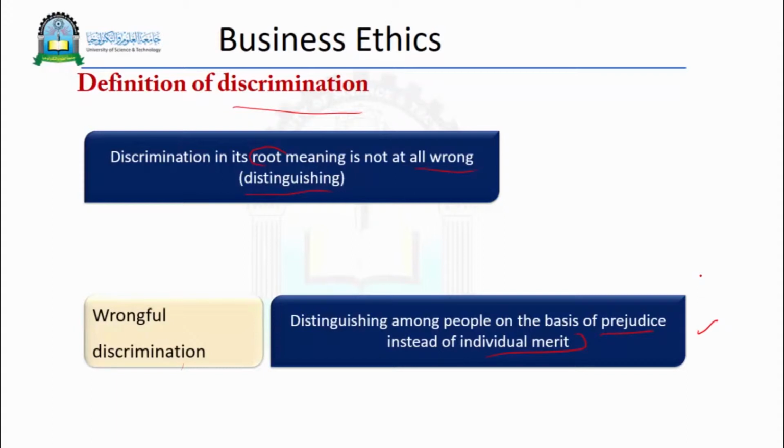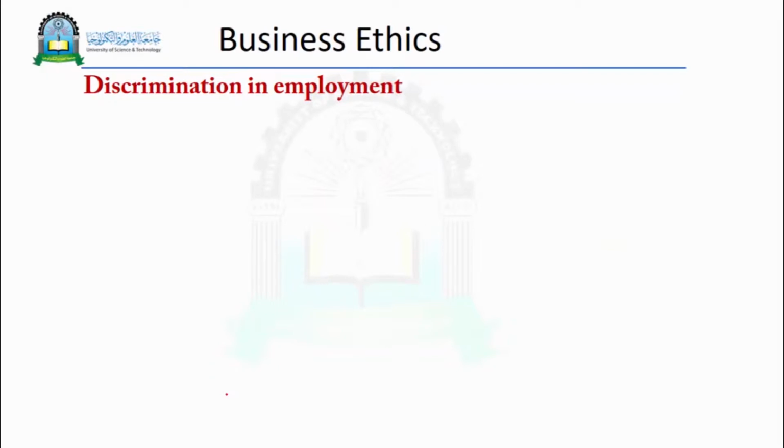But actually, the word discrimination is about classifying people into different categories: male, female, regarding gender, regarding the countries, the religion, etc. However, when these classifications are used on the basis of prejudice, not on the basis of what people can do, this becomes wrong. This is what we mean by wrongful discrimination. In that sense, we may need to discuss more about discrimination in employment.